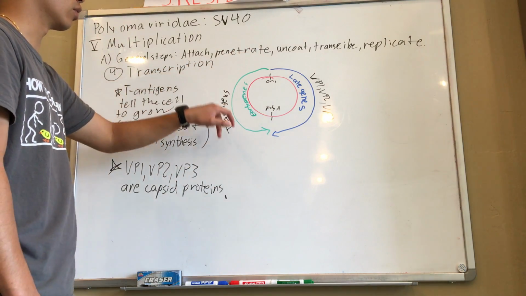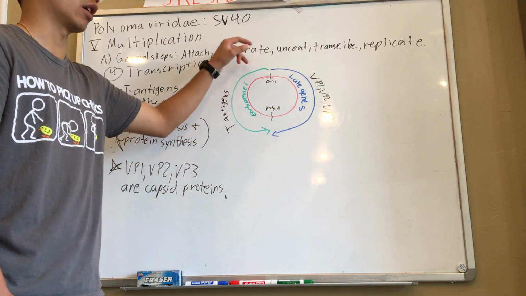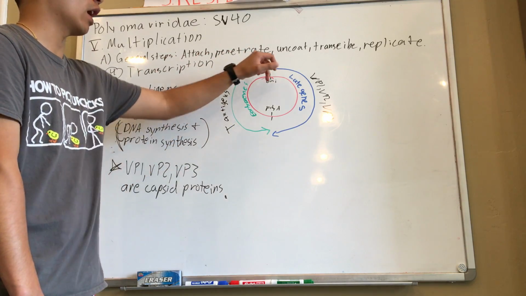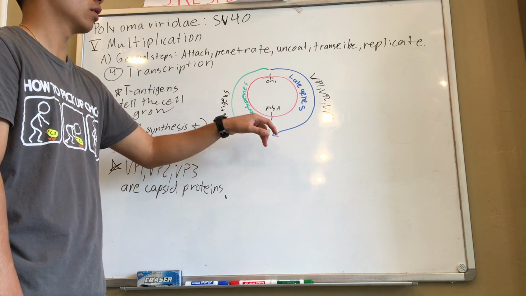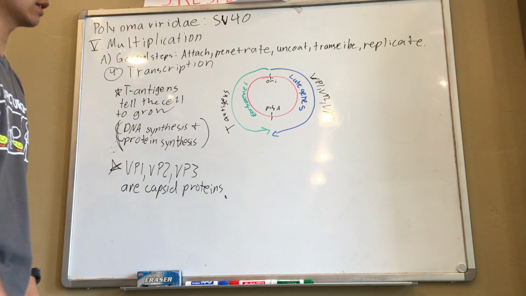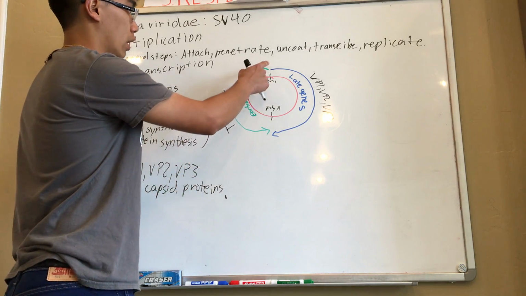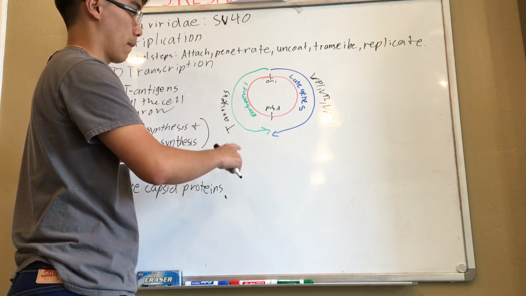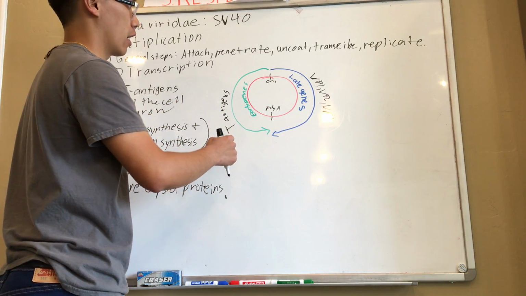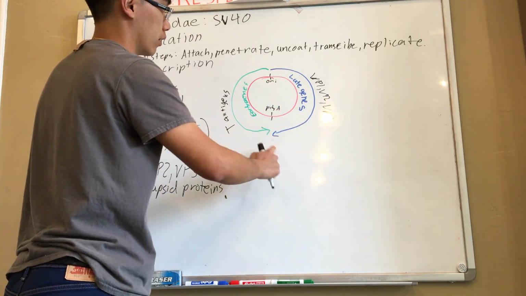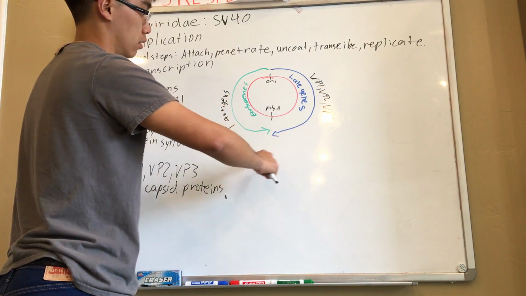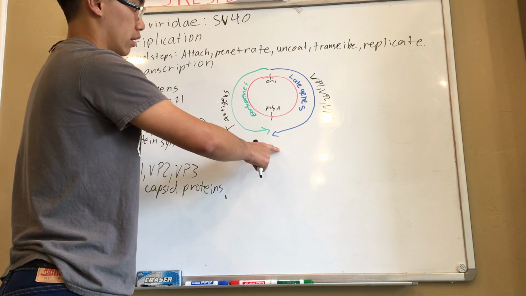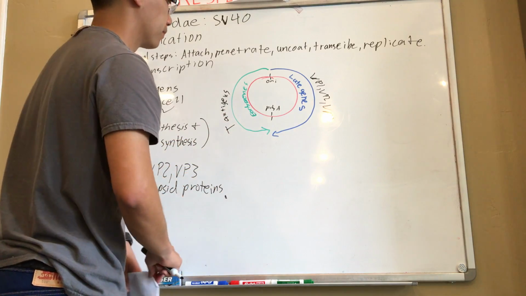So this virus wants to do the T antigens first to trick the cell that everything is okay for DNA synthesis to occur and protein synthesis to occur. And then once it's able to replicate its genome many thousands of times, then it can quickly make all these viral capsid proteins, and then it can quickly assemble and get out.